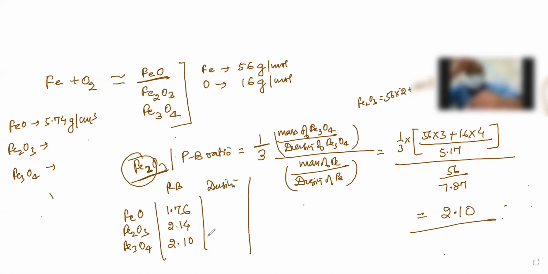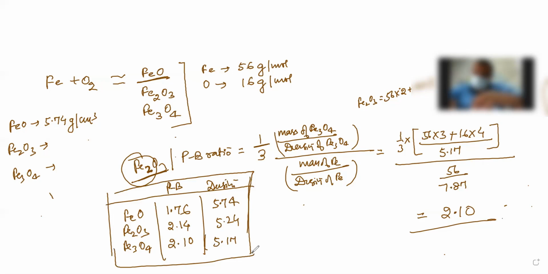And the density value we have taken for FeO is 5.74, right? And what is the density for Fe2O3 we have taken? 5.24. For Fe3O4, 5.17.